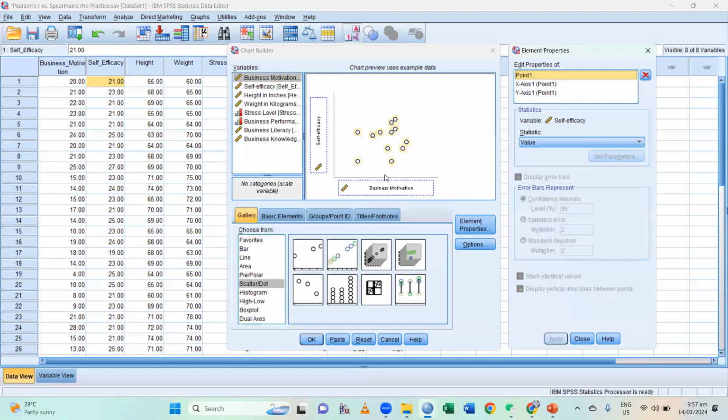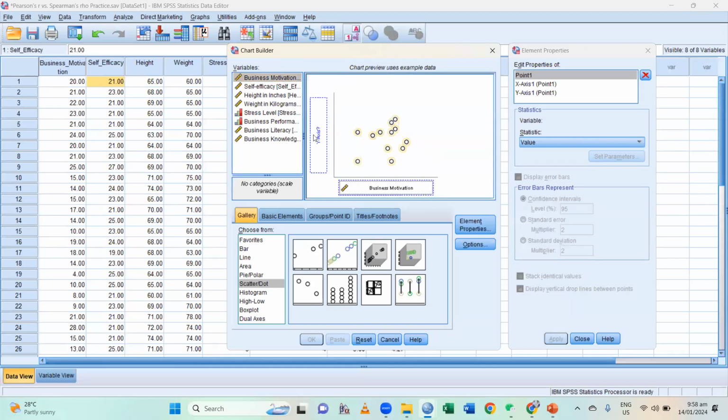So you might be interested in doing this. How do we do this? For the meantime, we have our x-axis and our y-axis. For business motivation, let's place it on the x-axis.